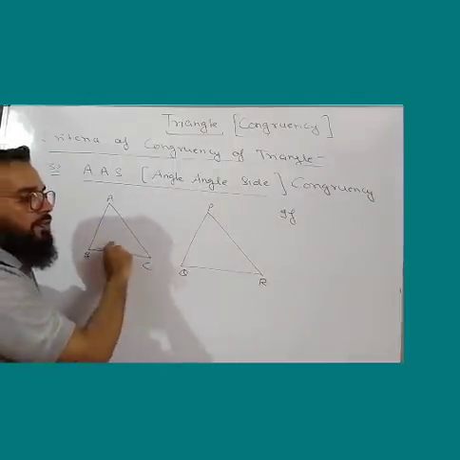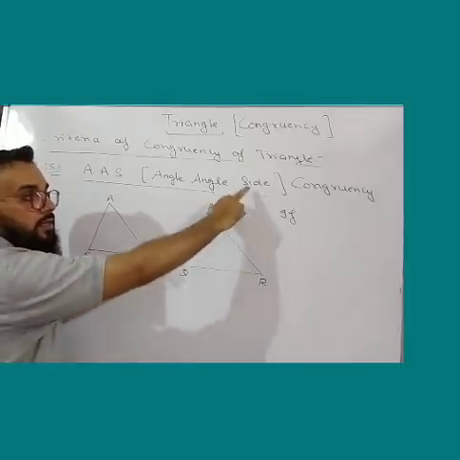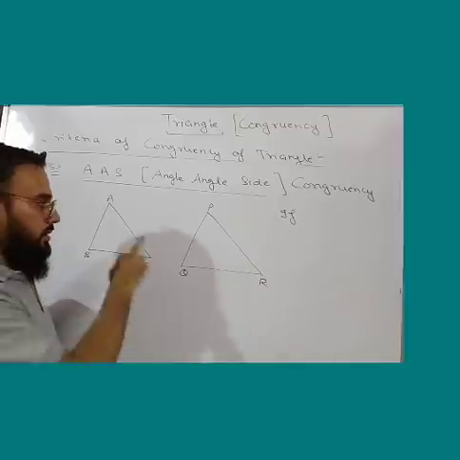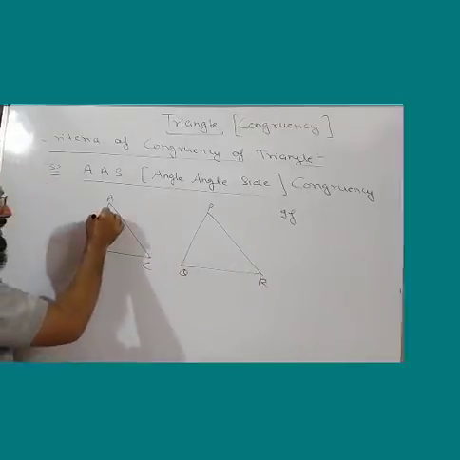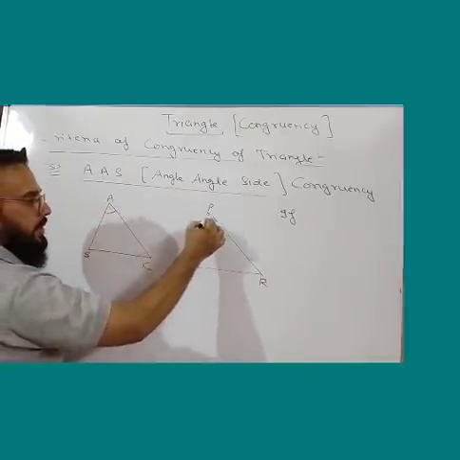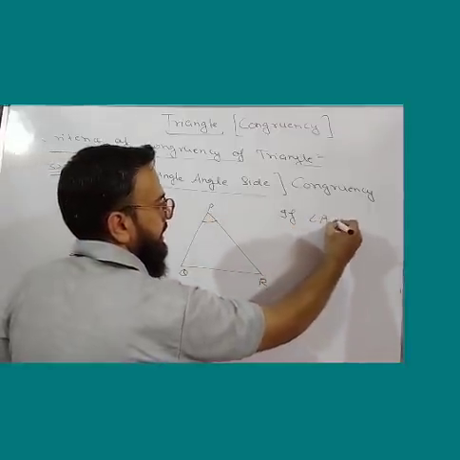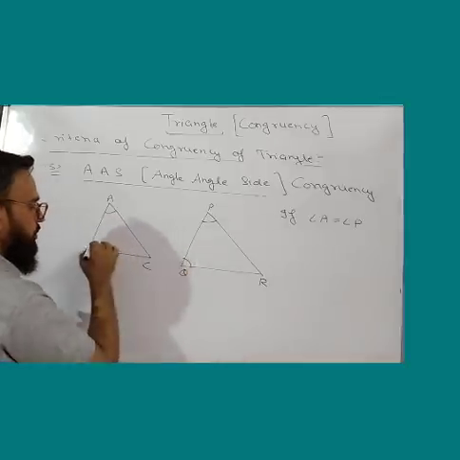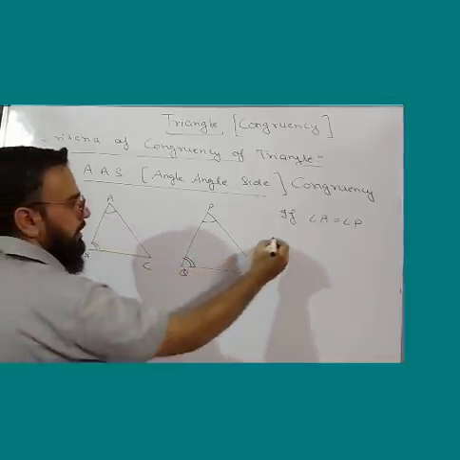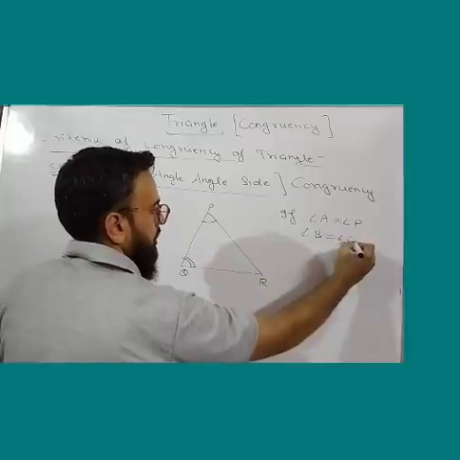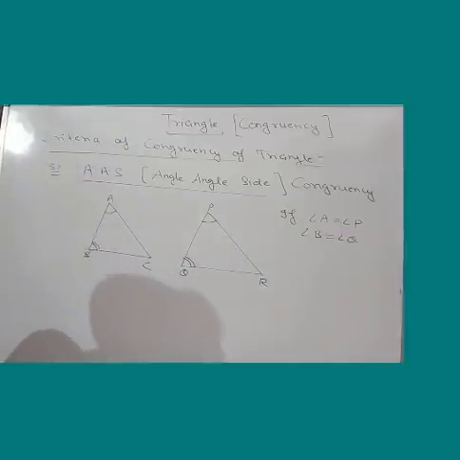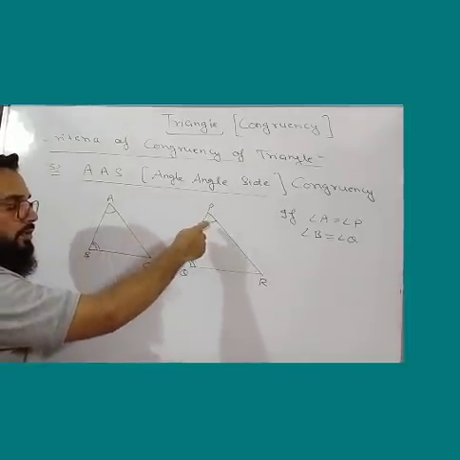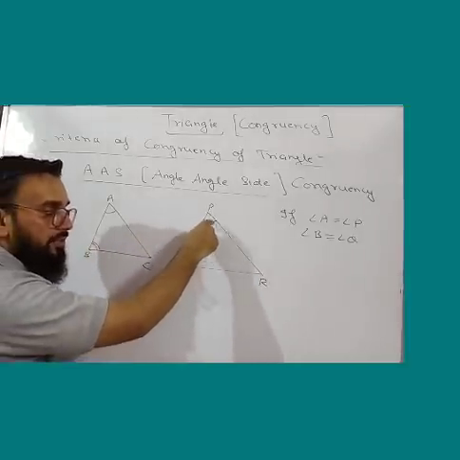Two angles of both the triangles and a side. Which side? The next side. Suppose we are taking angle A equal to angle P, and angle B equal to angle Q. Then the next side means the side after these two angles.